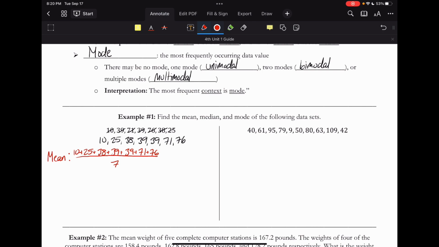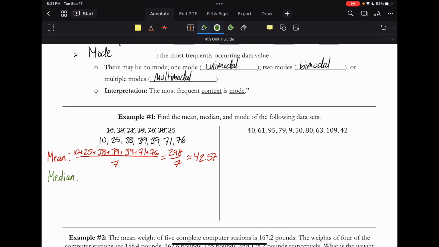So I can add all this up. That's going to give me 298 divided by 7, which gets me an approximate mean of 42.57.